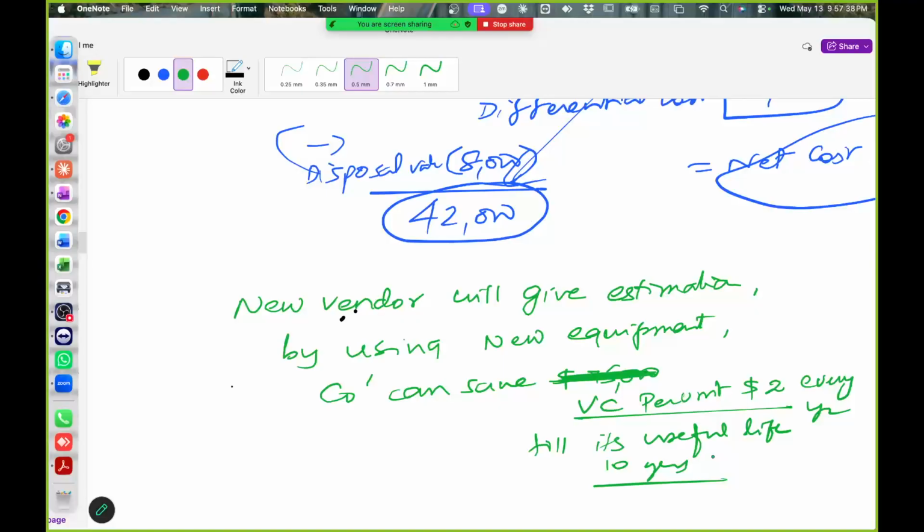Opportunity cost is the sacrifices made, the benefits lost by choosing one alternative over another. In section A, we discussed accounting profit and economic profit. In section B, cost of capital, the owner's cost of capital.